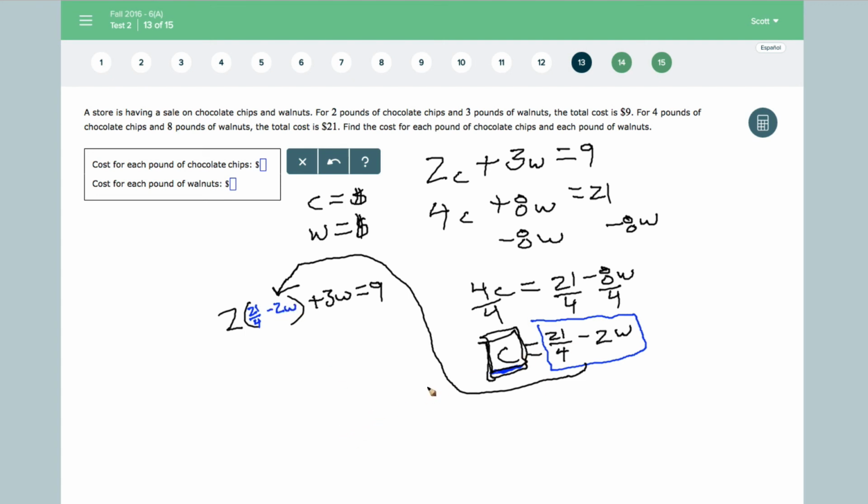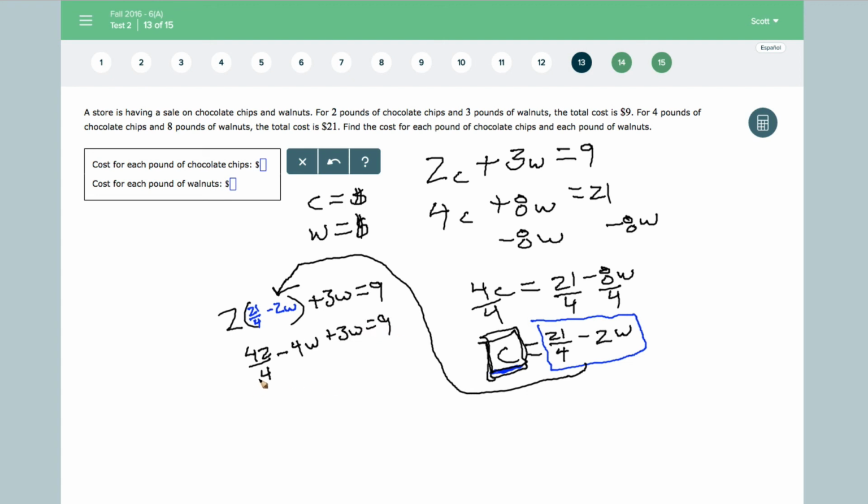I just get that from this c right here. Let's distribute. 2 times 21 over 4. If I do that on a calculator, I see it's 42 over 4. 2 times negative 2 is minus 4w plus 3w equals 9.